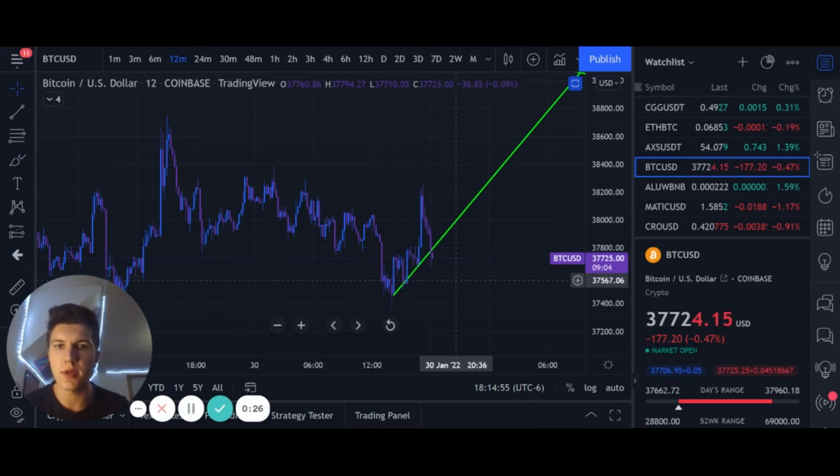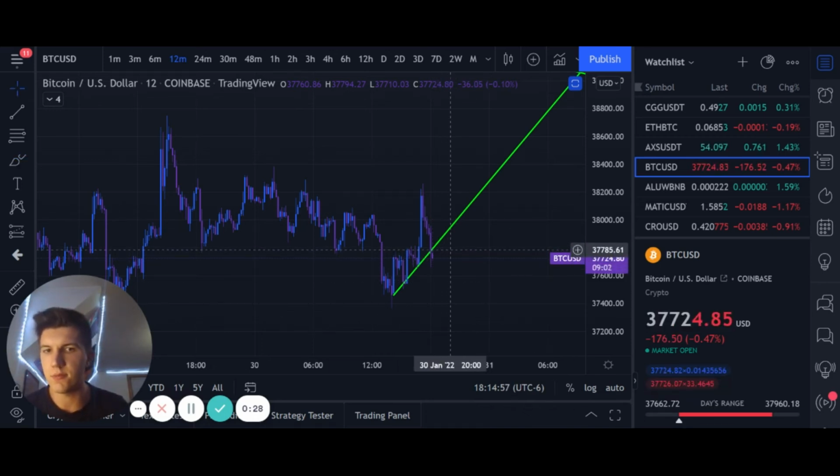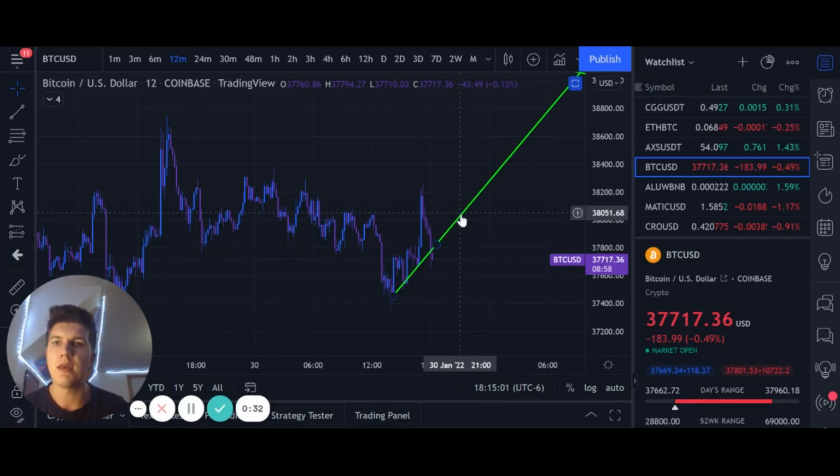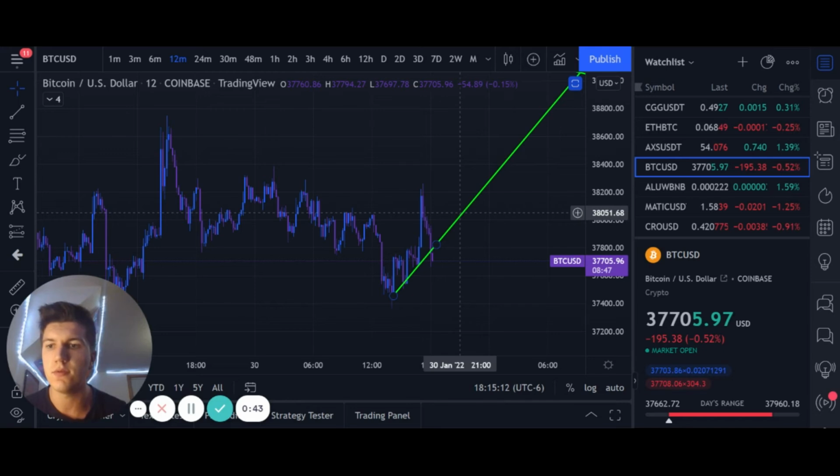And right now it just broke it. And at the moment, we're rejecting off of it and it's acting as resistance. And so you can use trend lines on any time frame, really. But like any trading, the higher time frames are more reliable when it comes to using trend lines.